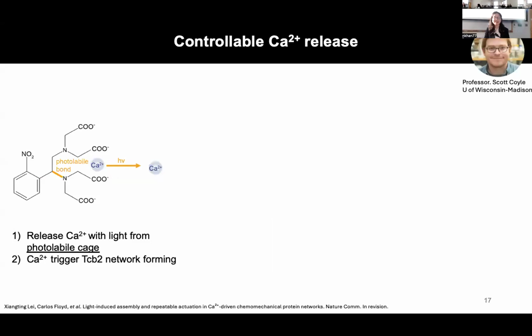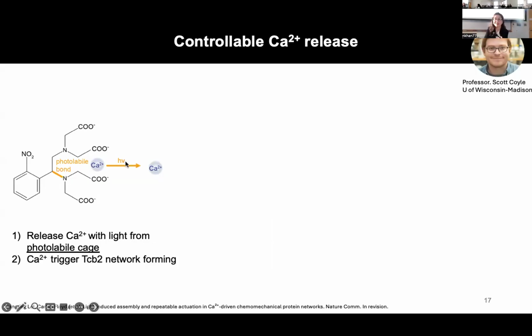To control it, we talked about this problem with Scott, and he gave us a really nice suggestion: using a photolabile cage. This photolabile cage has a photolabile bond.